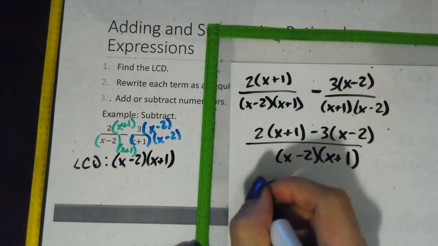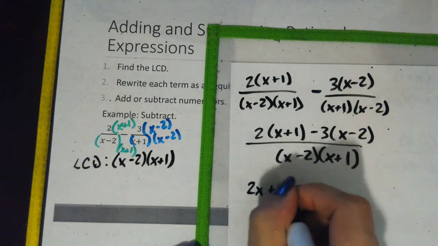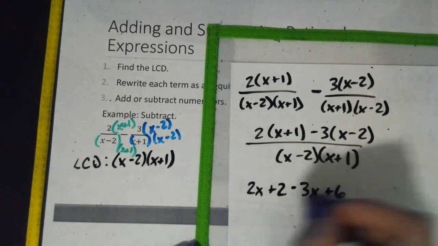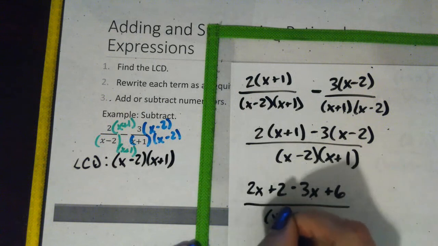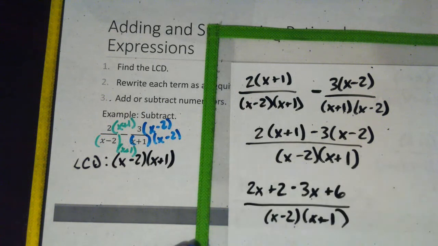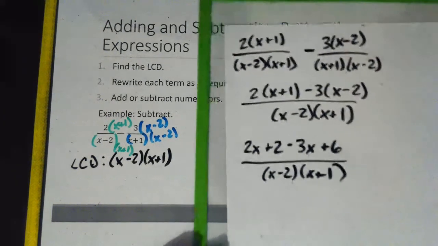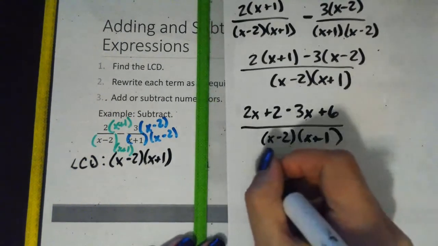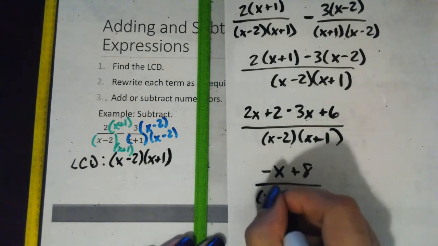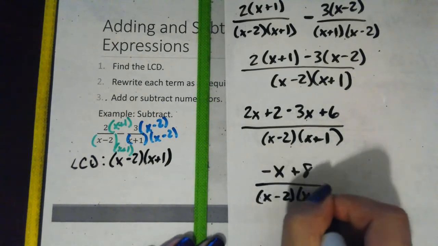I can distribute through, so I'm looking at 2x plus 2 minus 3x plus 6 over (x minus 2) times (x plus 1). If I combine my like terms, that gives me negative x plus 8 over (x minus 2) times (x plus 1).